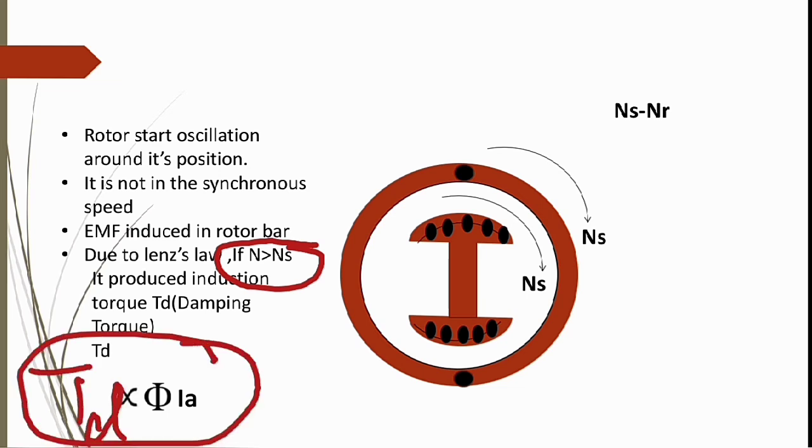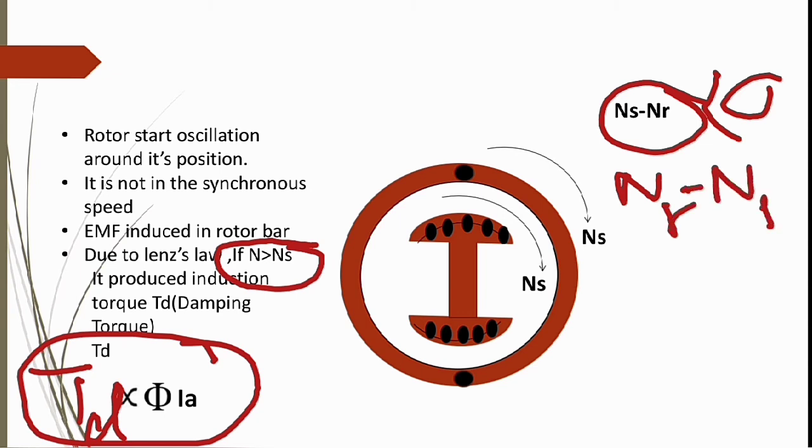If the rotor speed increases beyond the synchronous speed, ns minus nr is negative, or nr minus ns is positive, in the opposite direction of ns.